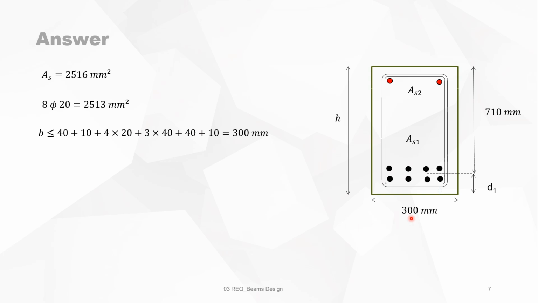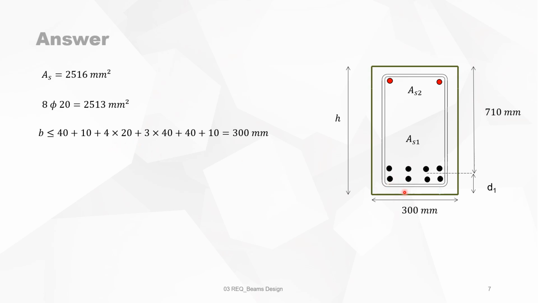That means that the width B, which is 300 millimeters, must be bigger than the concrete cover, which is 40 on both sides, the stirrup diameter 10 on both sides, and then the 4 diameters 20 plus the space between those reinforcement bars, which is 40 millimeters. It gives you a total of 300. So this is fine.